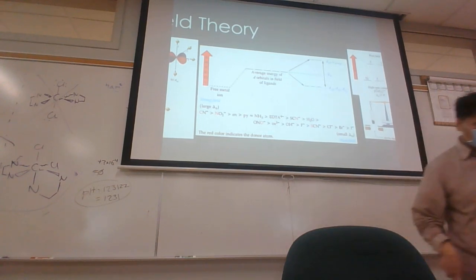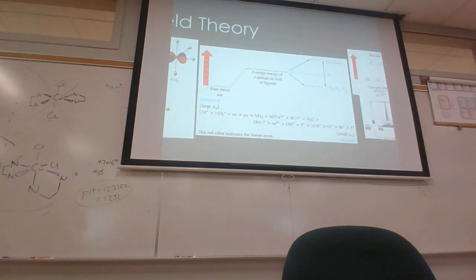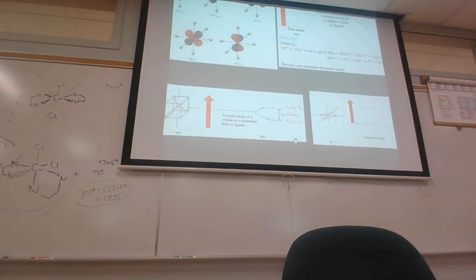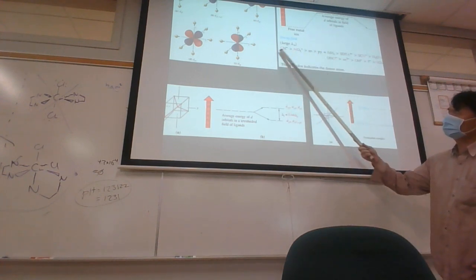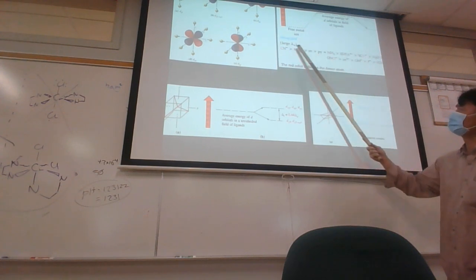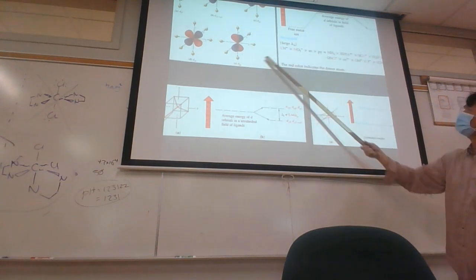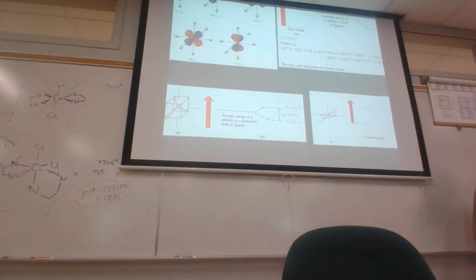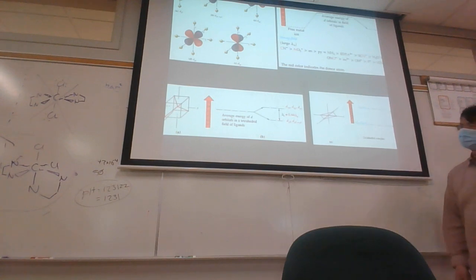And so things like ruby will have a little bit of transition metal. Normally ruby is totally colorless, but there's some transition metal, and that transition metal is surrounded by a field of ligands, and that causes a splitting, which causes the ruby red color, absorption of light.